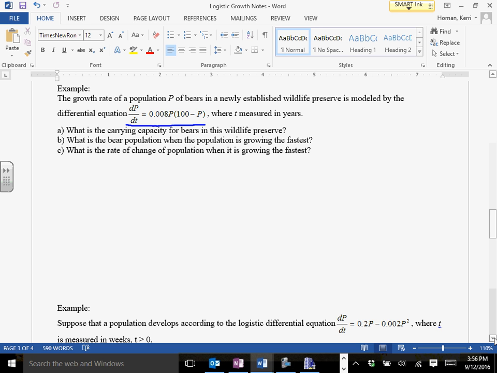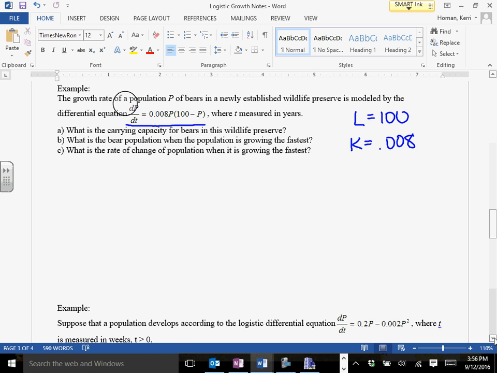So before we do anything else, instead of Y, we have P in this example, P for population. Our L value is 100, and our K value is 0.008, because this is K Y times L minus Y. Instead of Y, we have P.